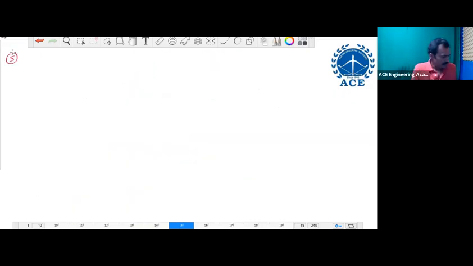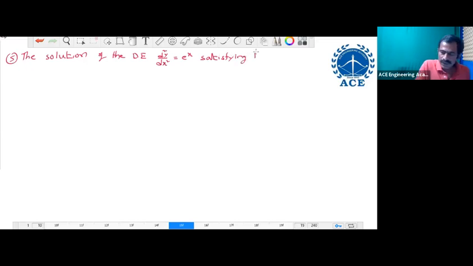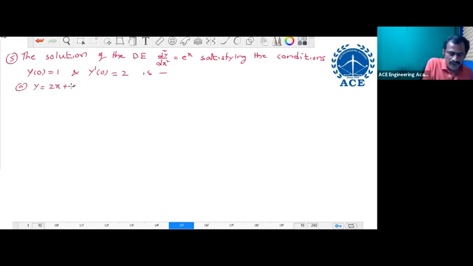Next, problem number 5. The solution of the differential equation d square y by dx square equal to e power x satisfying the conditions y of 0 equal to 1 and y dash of 0 equal to 2 is: option A, y equal to 2x plus e power minus x.